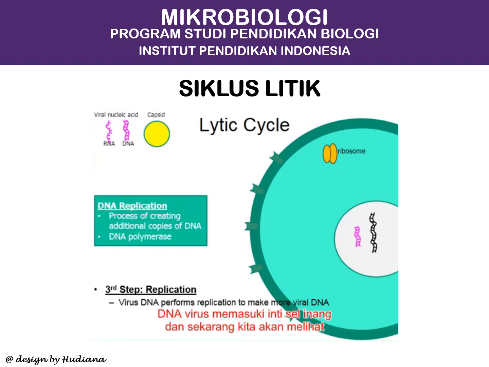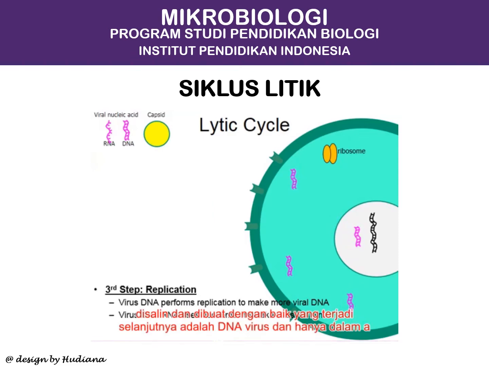And now we're going to see the process of DNA replication, the process where DNA is used to make copies of more DNA. The reason the virus needs to go into the nucleus is because that's where the enzyme DNA polymerase is found. And so this enzyme DNA polymerase will direct DNA replication. Notice what's happening. More DNA of the virus is being copied and created.